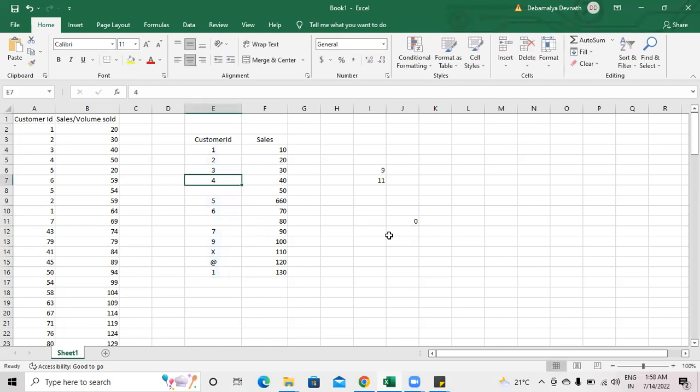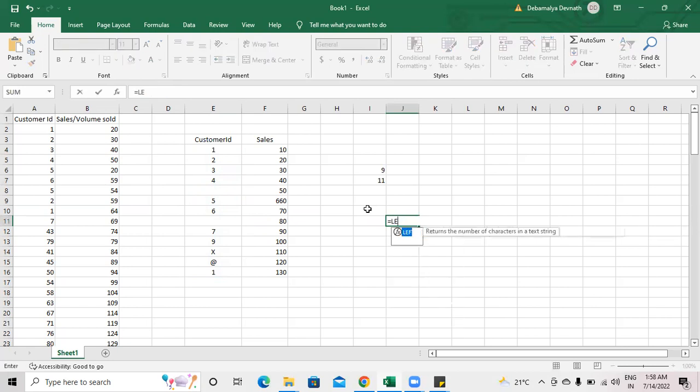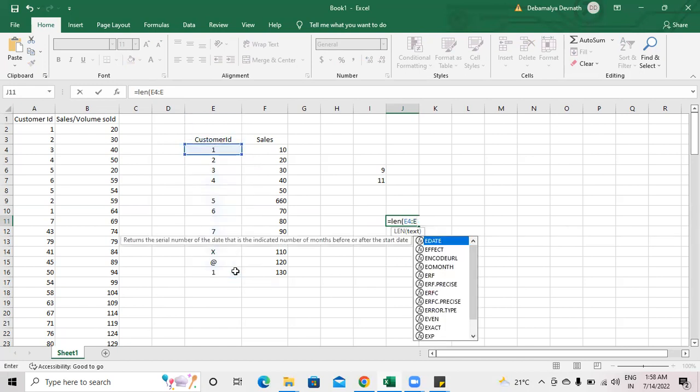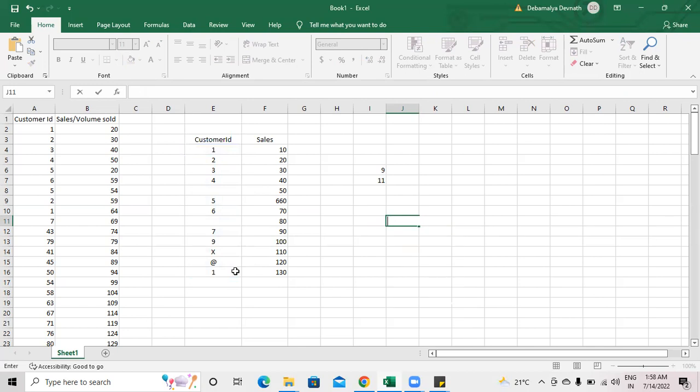What happened? LEN function. Okay, fine. It will not work because it is expecting a text as input.